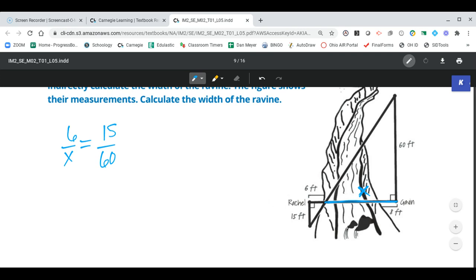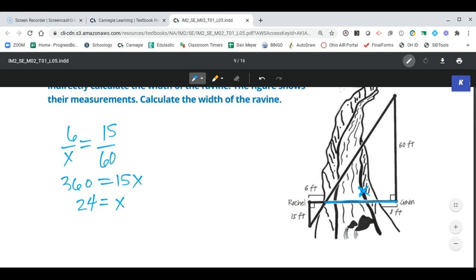And then what we can do is figure out what X is and then subtract 8. So we've got 360 equals 15x. Divide both sides by 15, and we would get 24.